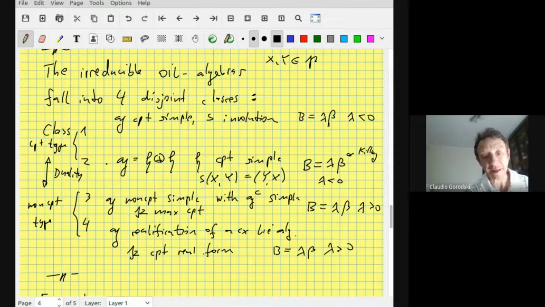Well, class 2 is already classified because this corresponds to the Killing-Cartan classification of compact connected simple Lie groups, right? So the classification, using Cartan duality, amounts to classifying now class 1, which means involutions of compact simple Lie algebras, right?